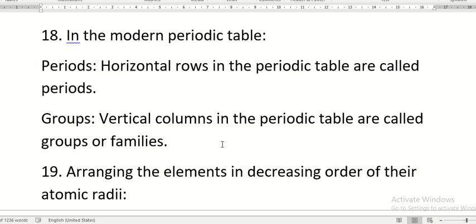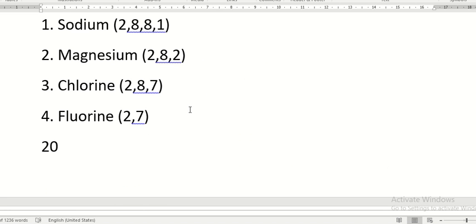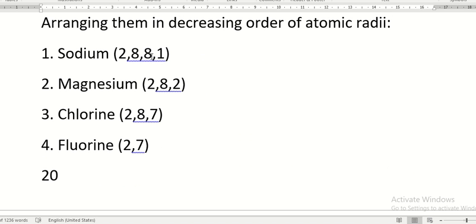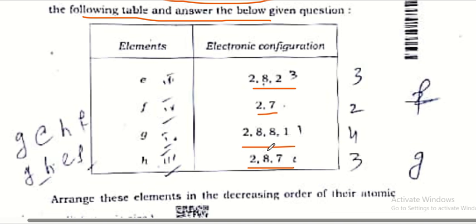So the arrangement in the descending order is like this. The first one, 2,8,1, is sodium, then magnesium, chlorine and fluorine. According to atomic radii, sodium is the highest, and fluorine has the lowest atomic radius. And then we move on to the next one.